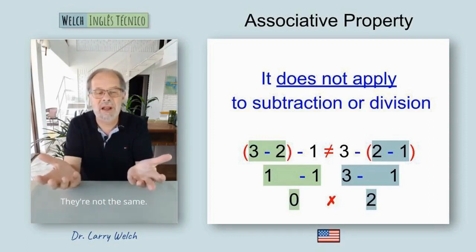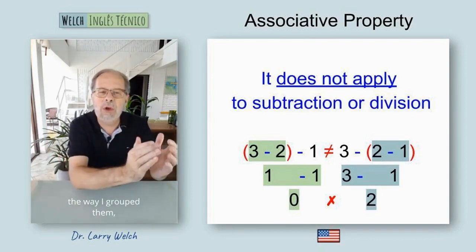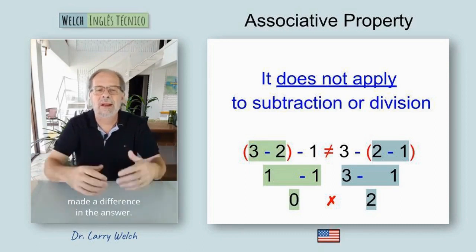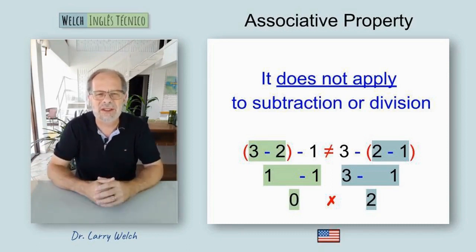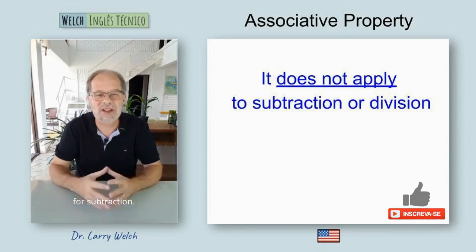So doing it one way gives me 0, doing it the other way gives me 2. They're not the same. So the way I grouped them made a difference in the answer. So associative property does not work for subtraction.